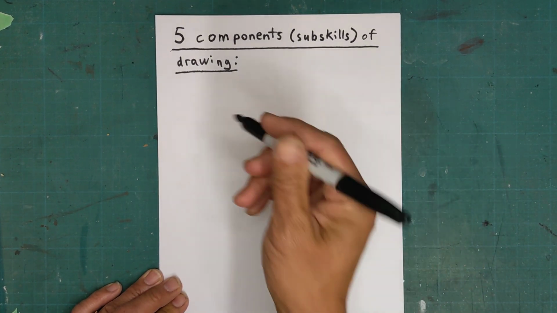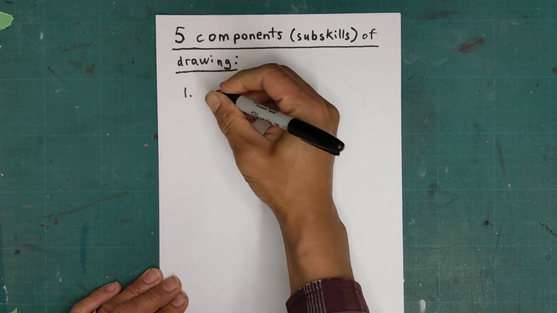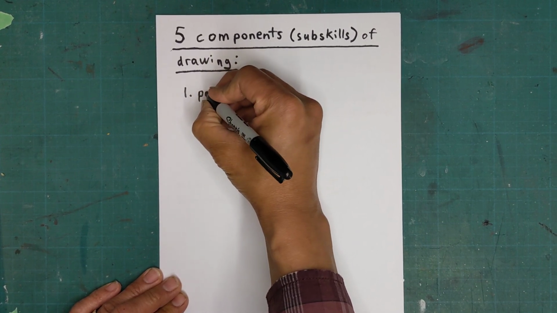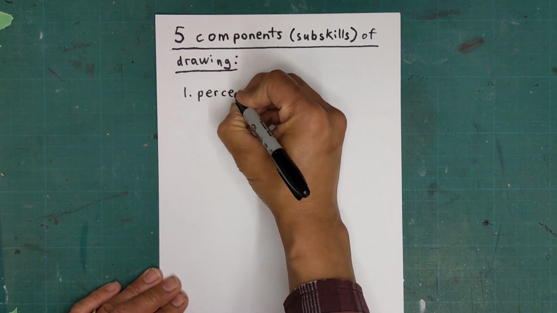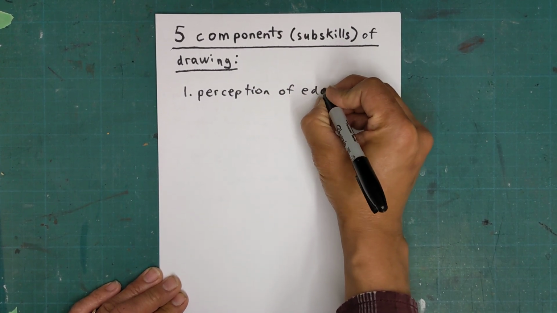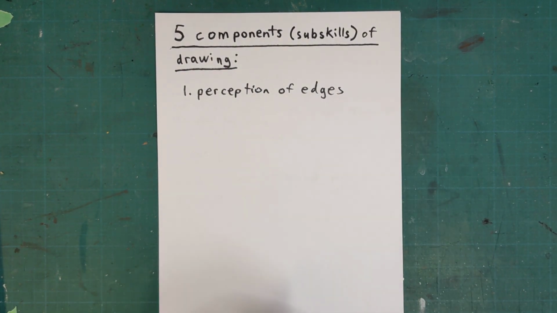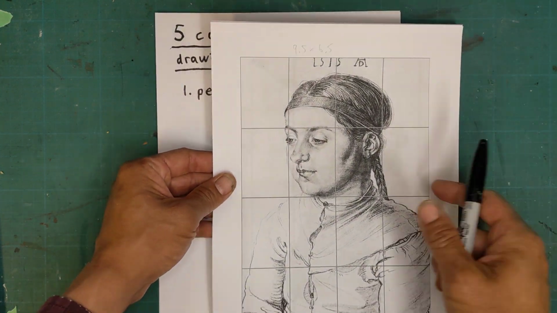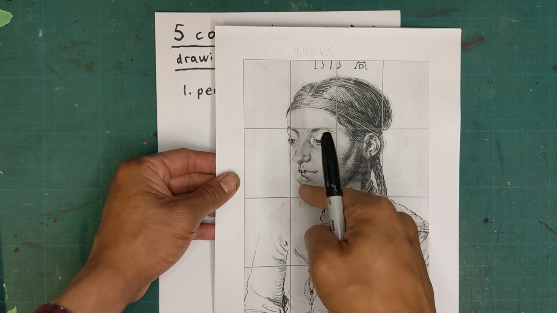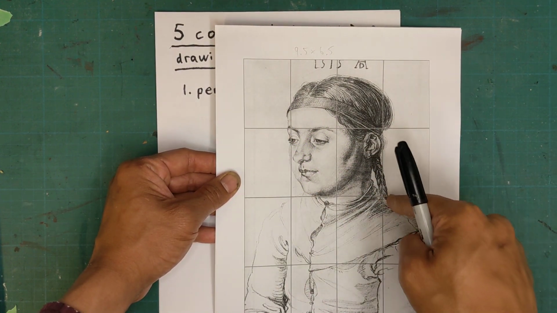And the first one, perception of edges. So when we're looking at this edge and following those lines, right?